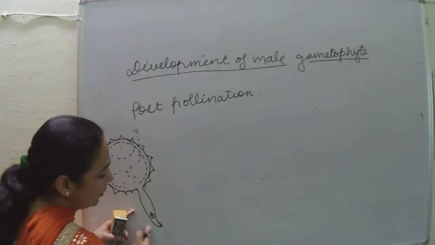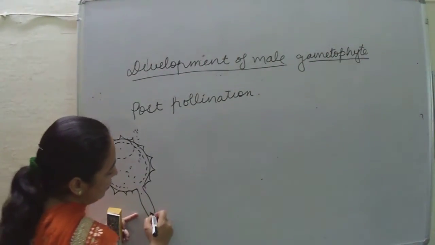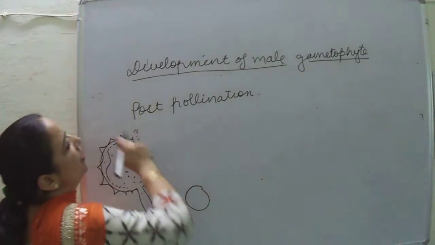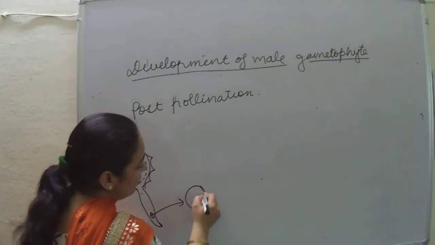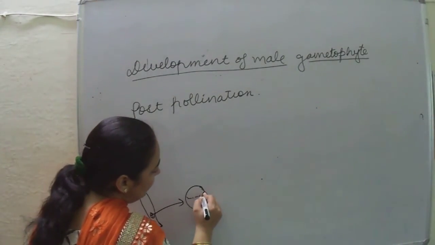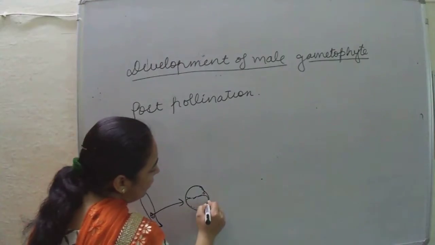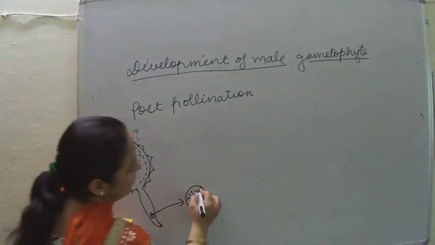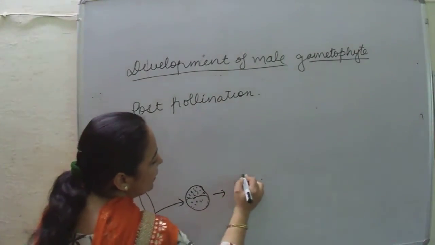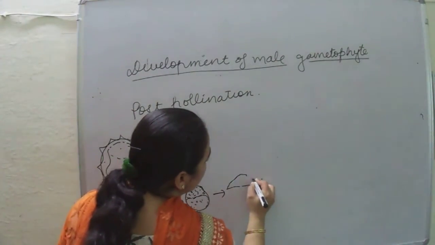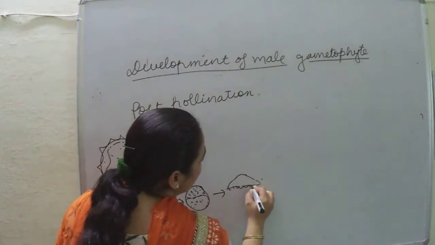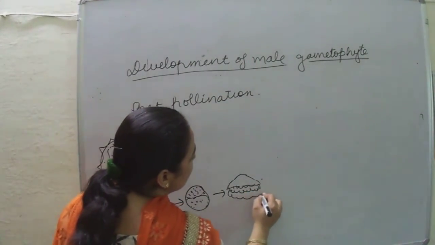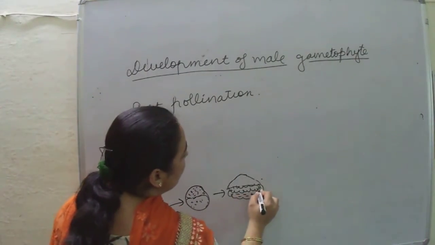The pollen tube continues to grow, and inside it the nucleus starts dividing into two parts, same as we discussed in the pre-pollination process, longitudinally by mitotic division. These two cells are interconnected by cytoplasmic connections known as the calories.